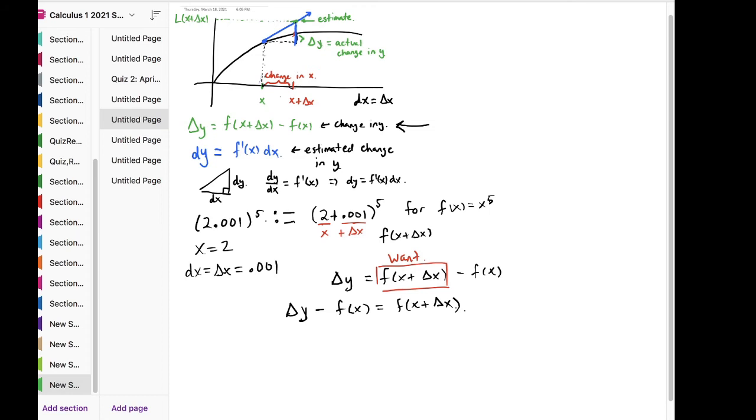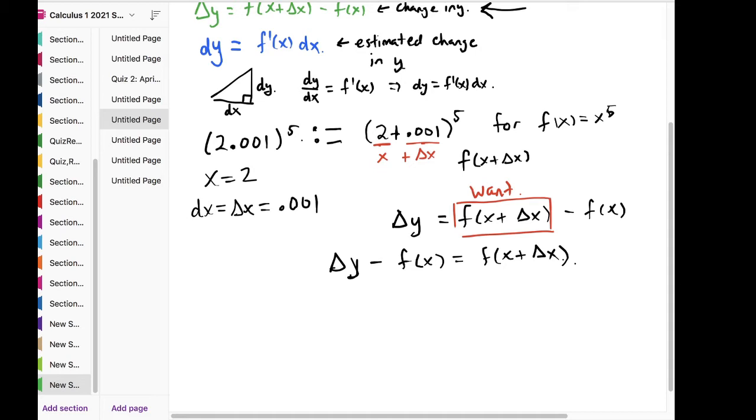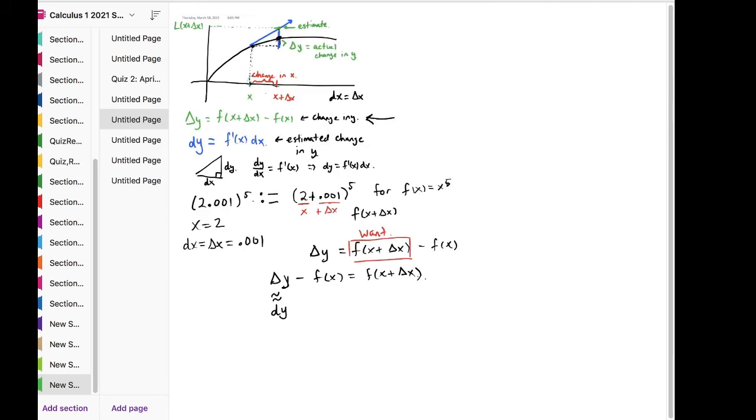Delta y is the actual difference between f of x and f of x plus delta x. If we knew what delta y is, then we'd be done, and we'd know our answer. But what we do know is that the actual change in y is very close to, not dx, dy. Actually, this is the estimated change. Does that make sense?